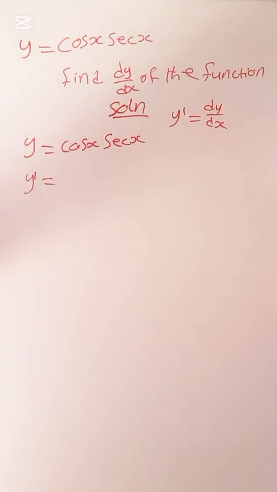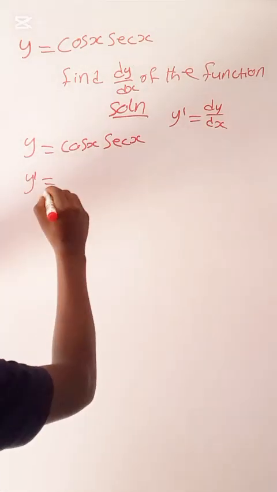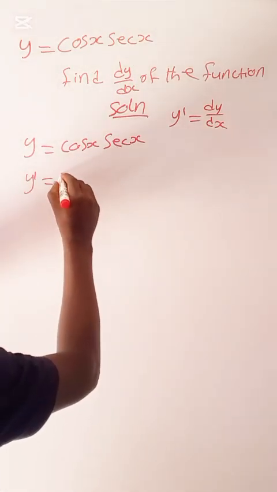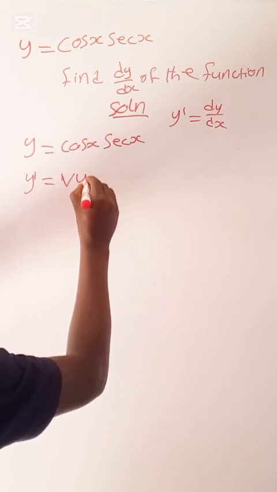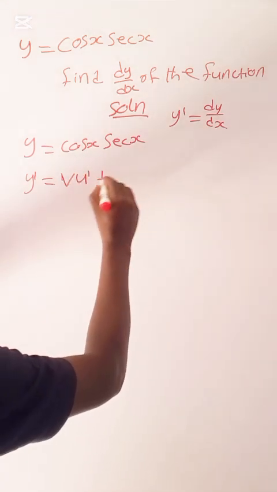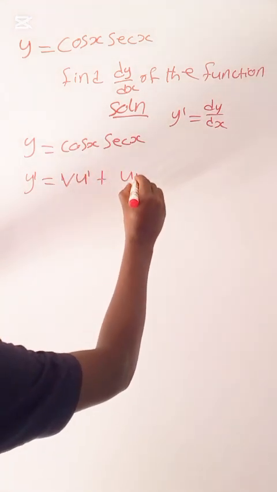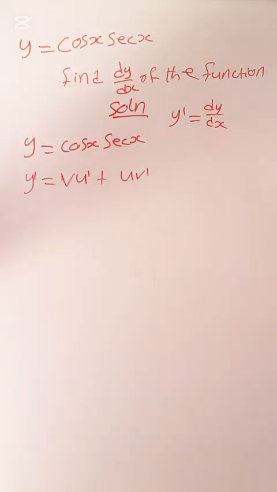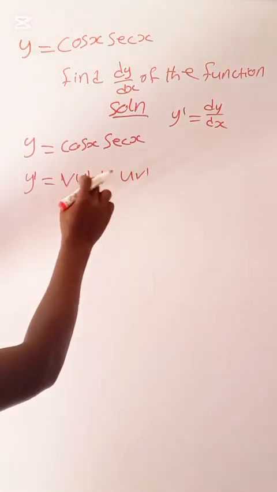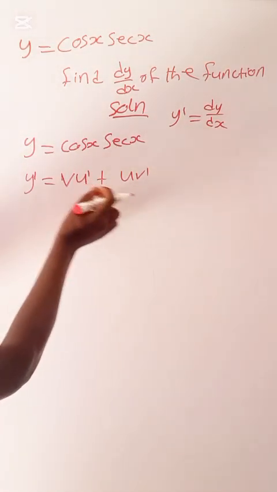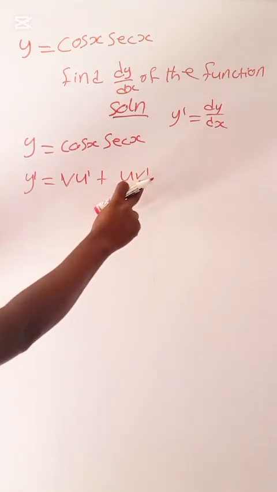So now what we'll do here is I will say v u prime plus u v prime. This prime that I put means the derivative of u and the derivative of v.